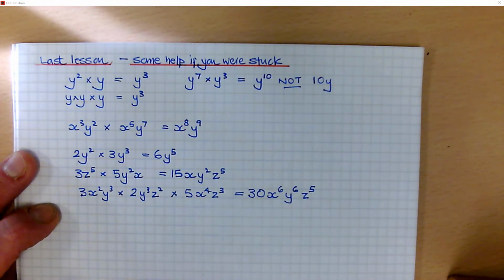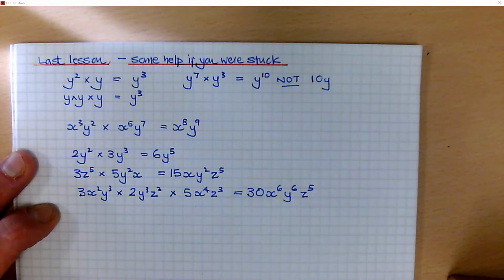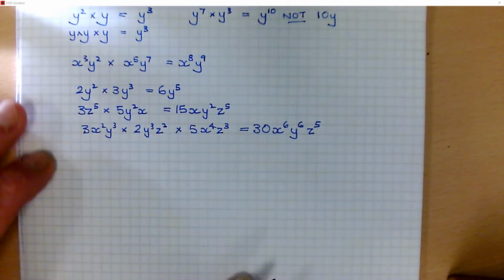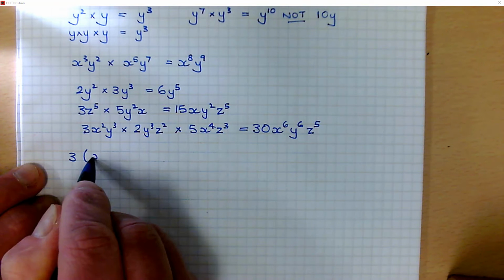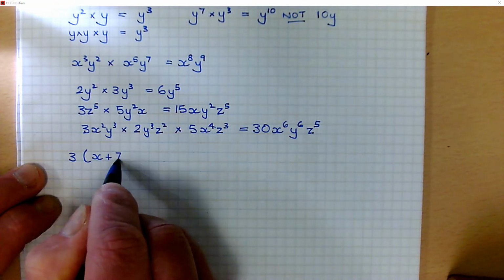So, hopefully you are now okay with that. Drop me an email if you're not. Now let's start to look at brackets. We started to look at brackets like this: 3 brackets x plus 7.